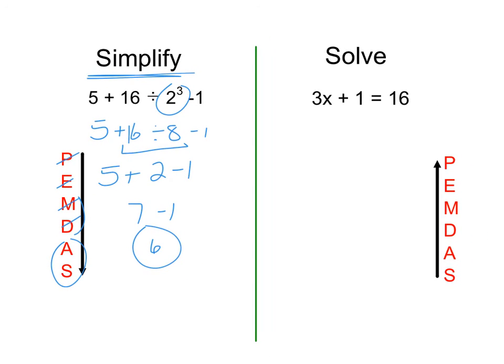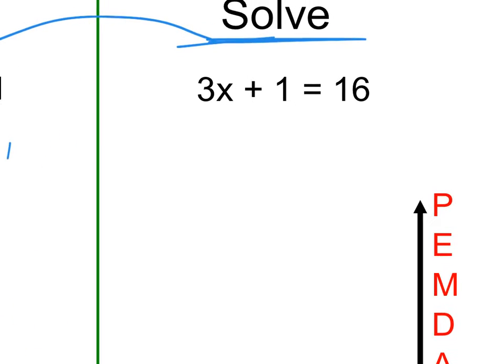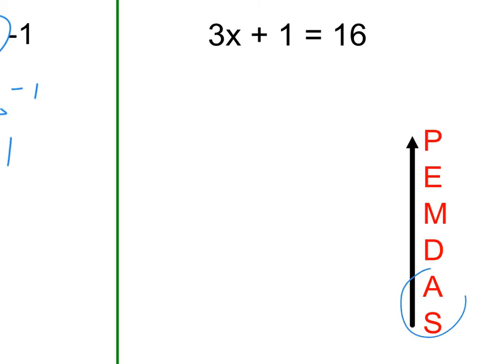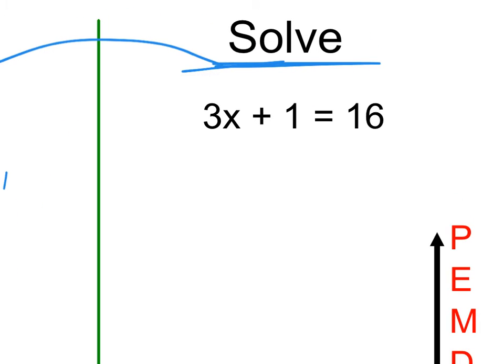The key difference, and only difference, between simplify and when we now are solving an equation is doing reverse PEMDAS, or reverse order of operations, right? So if I'm over here, I don't have parentheses or exponents, so multiplication, division would normally come first, but we're going reverse. So if you look at my arrow here, we're starting down at addition, subtraction, meaning get rid of addition or subtraction first.